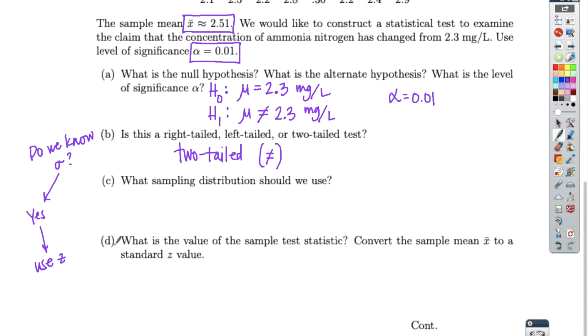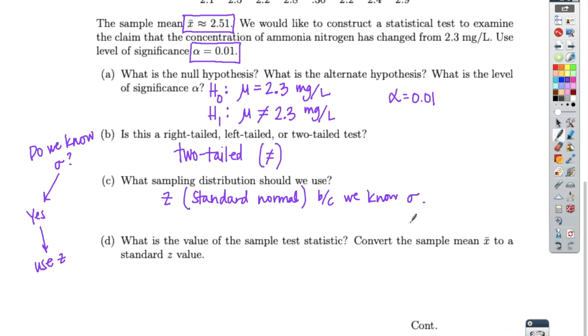The answer is going to be no, and we're going to use the student's T distribution. In this case, since we haven't gotten to that yet, and we do know sigma, the sampling distribution we're going to use is Z, the standard normal. That's true because we know our population standard deviation.